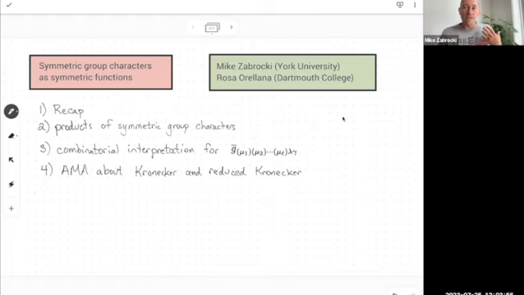And I want to establish what I think this work implies about the Kronecker and reduced Kronecker.